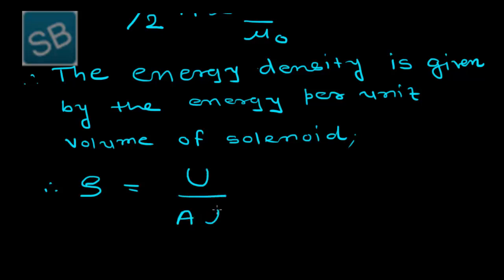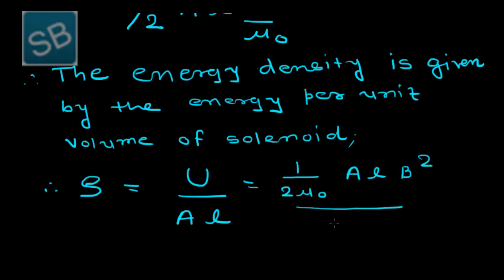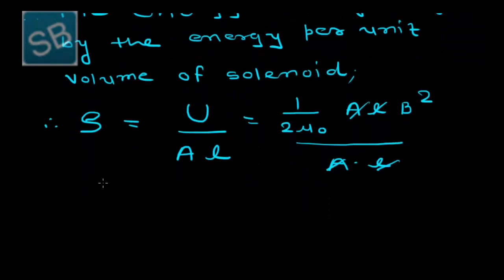Here volume is area into length and the value of U is 1 upon 2 mu 0 A l B square divided by A into l. So the remaining terms are B square upon 2 mu 0.